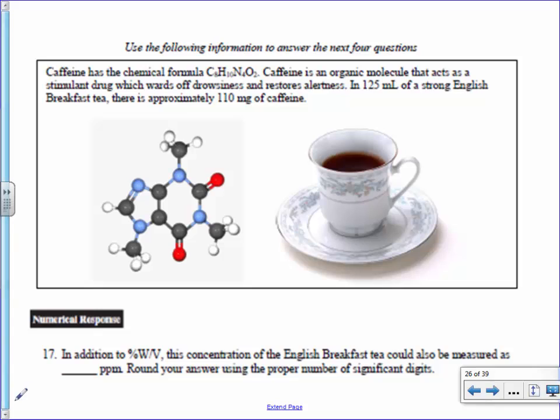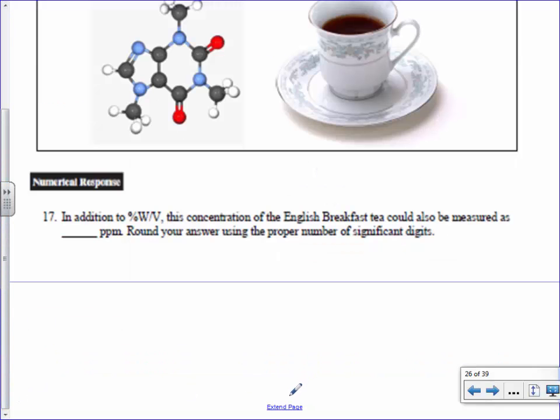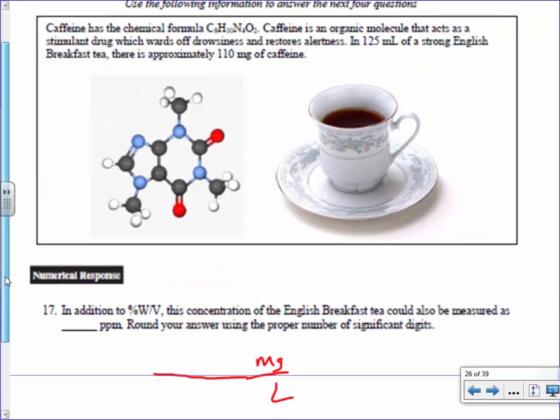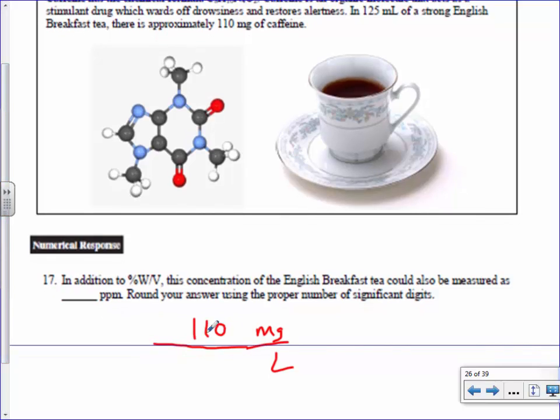Okay. So in addition to doing things in weight over volume, you can do parts per million. And this one's probably the easier one of the two. Parts per million is a milligram in a liter. So on this example, we knew how many milligrams there were. There were 110. Liters, we didn't have it in liters, but I can convert by just dividing by 1,000.